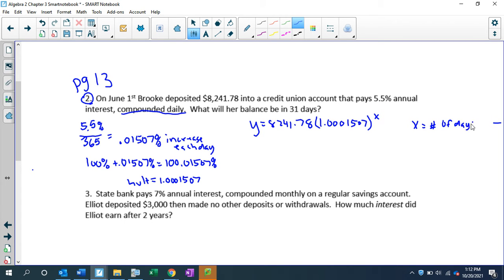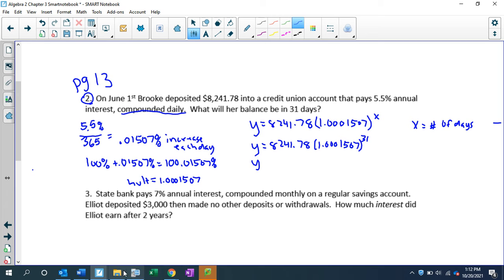So therefore, since we want to know the balance after 31 days, I would go ahead and do $8,241.78 times 1.0001507 to the 31st power.